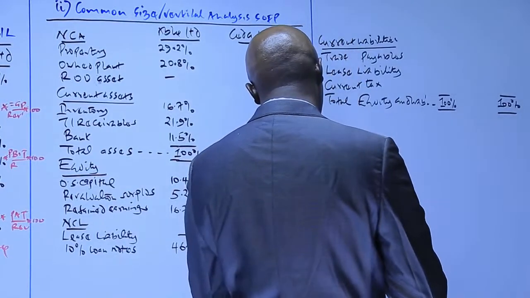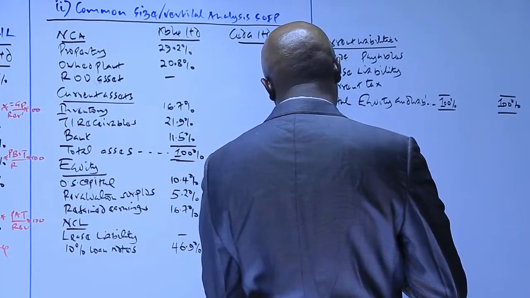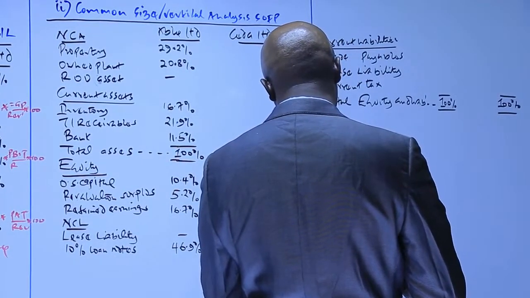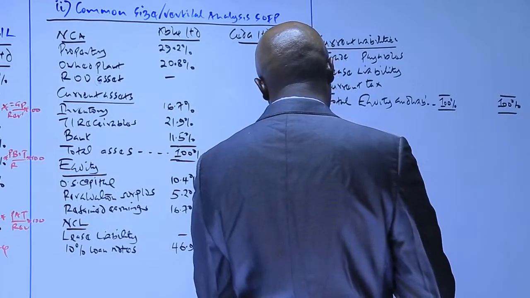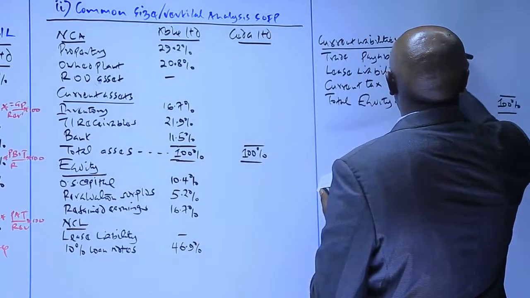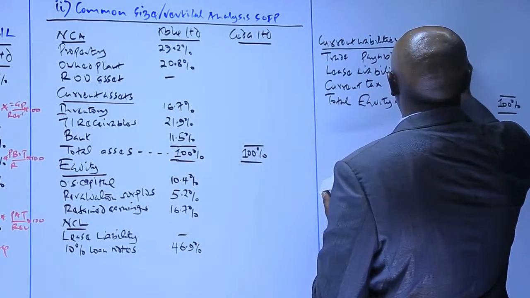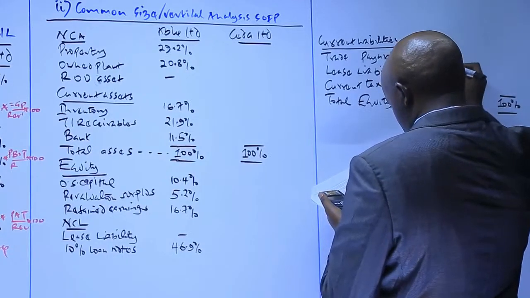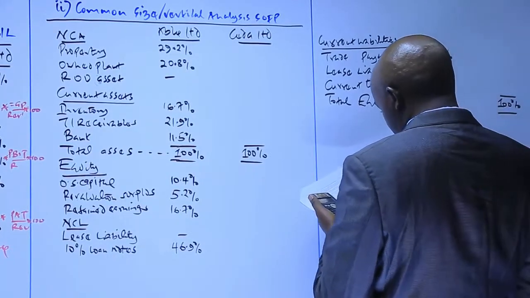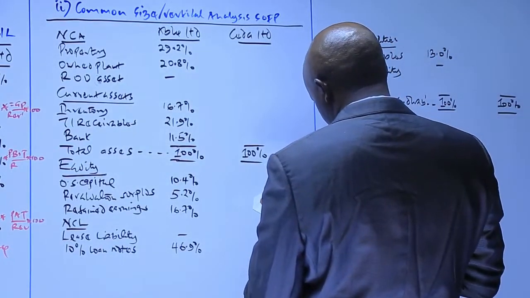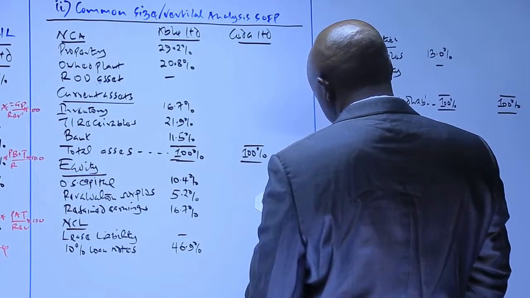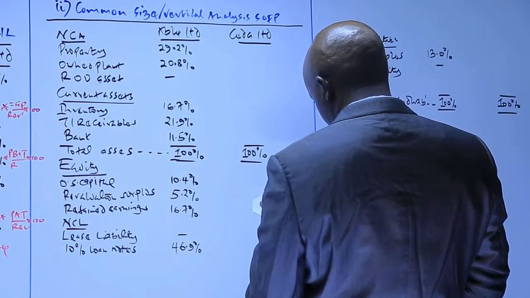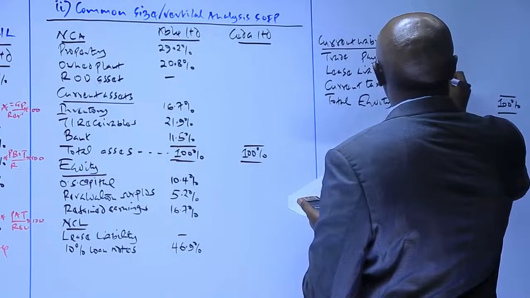Trade payables 4,375 divided by 33,600 gives us 13.0%. No lease liability. And finally tax 2,625 divided by 33,600, which will give us 7.8%.